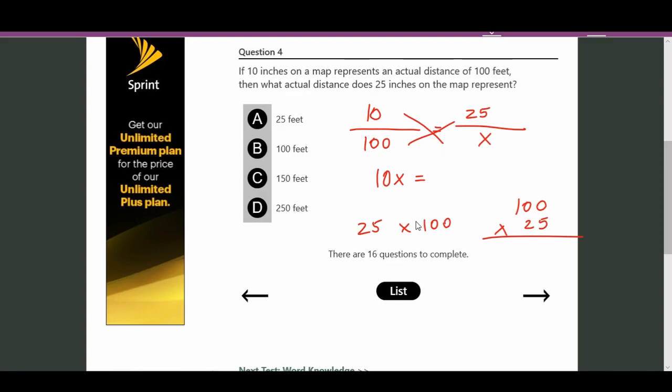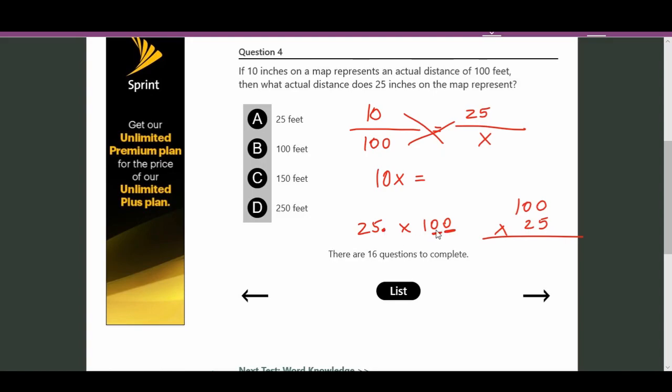Again, when you're multiplying or dividing anything by a power of 10, so 10, 100, 1,000, 100,000, it's just a matter of shifting the decimal place according to how many zeros there are in the power of 10. In 100, there are 2 zeros, and the decimal place is right here in 25.